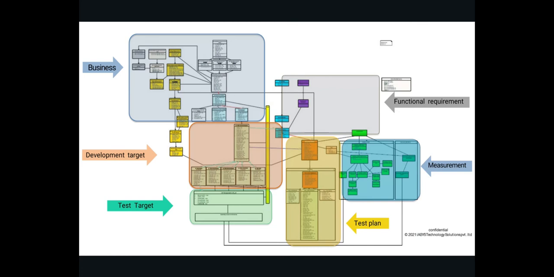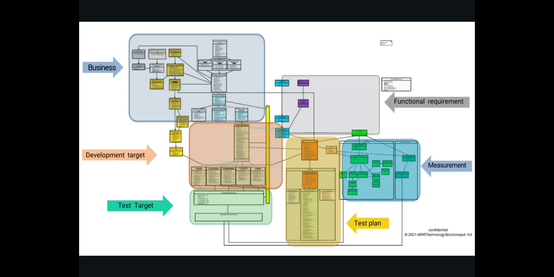First group, a business group that contains information such as the sales country, model year, and so on. Second group, development target group, that contains system code such as model code, project code, and so on. Third group, test target group, that contains information of the unit under test, such as the prototype number, parts number, and so on.